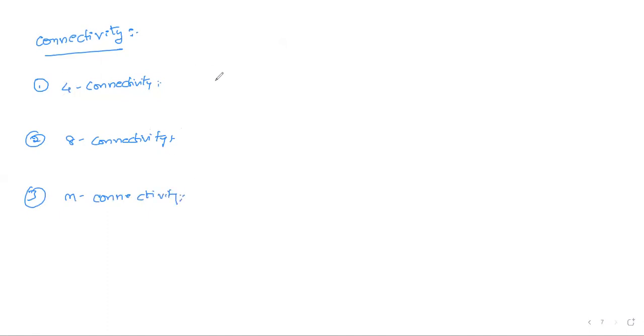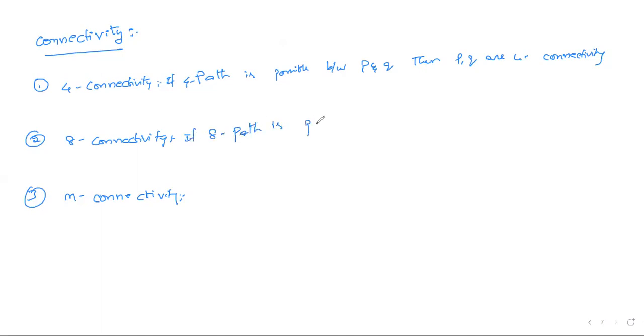How can we define? So path, if 4 path is possible between P and Q, then P comma Q are 4 connectivity. If 8 path is possible between P and Q, then P comma Q are 8 connectivity.